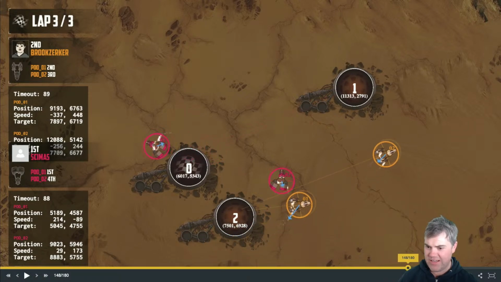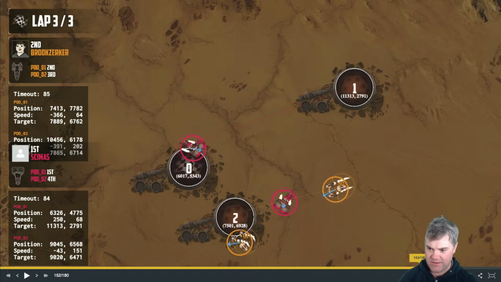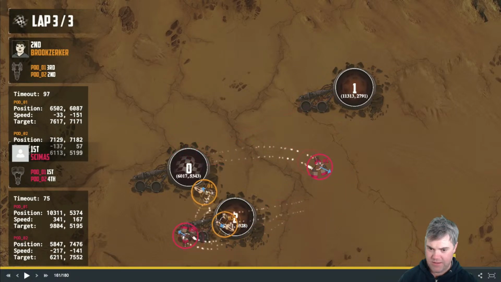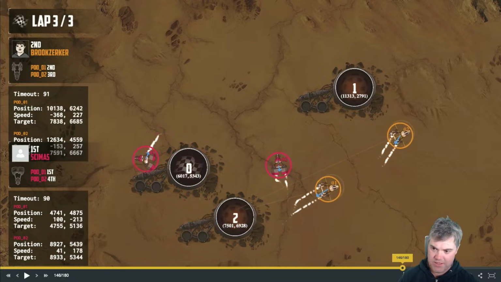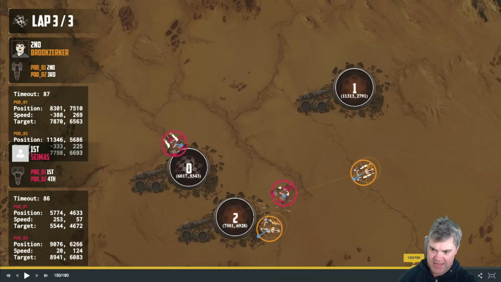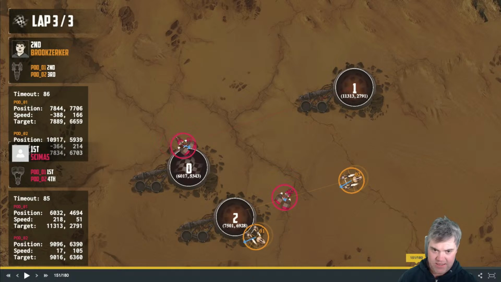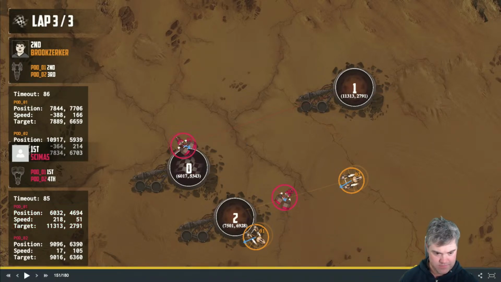Wait, were you not on lap 3? You were on lap 3. What happened there? Oh. So you're coming into the checkpoint like that, and then something happened, and you aimed for 1 again.